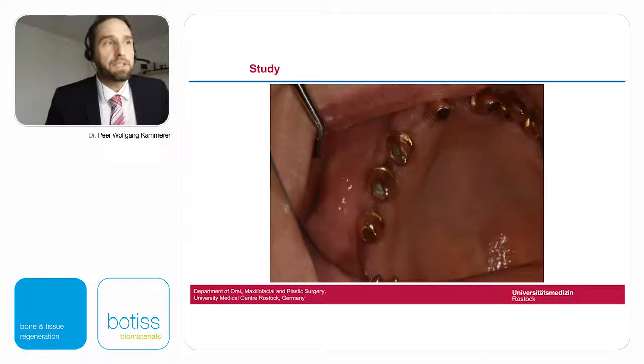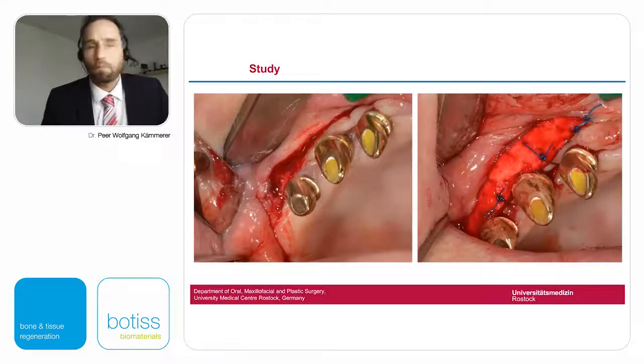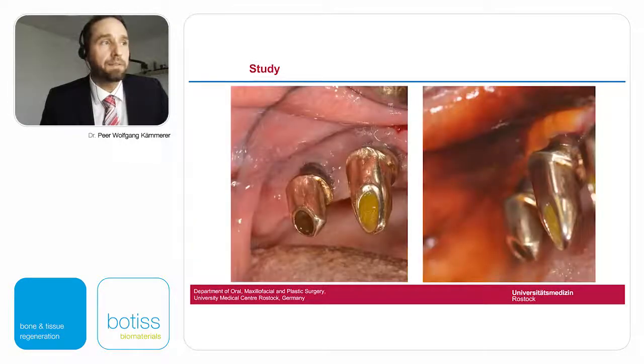In the next patient, you see similar problems. The implants are already inserted, but you have this mobile gingival mucosa around the implants. What do you do? Well, exactly the same. Preparing the epiperiosteal bed, suturing the membrane to the crestal part, no suturing at the apical part. And these are the results half a year later.